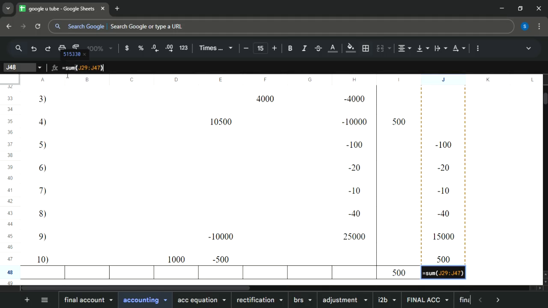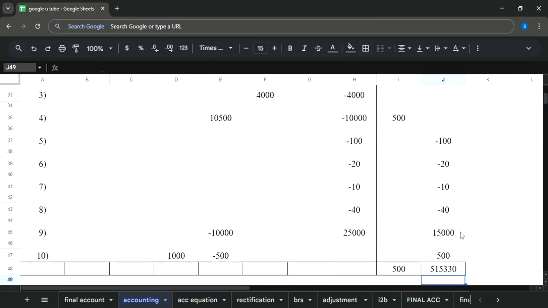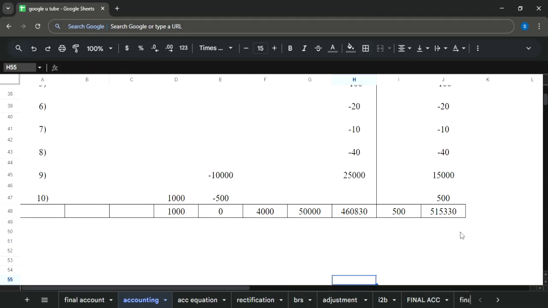First you put an equal sign, then SUM, bracket start, choose how many amounts you want to get the sum of, and here you will simply get the sum. Now you will do the same procedure for all the columns, and here you will get the sum of all of these columns.